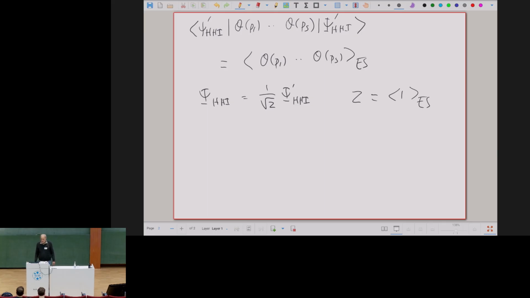So, assuming that there is a quantum state with these correlation functions, what does it describe?